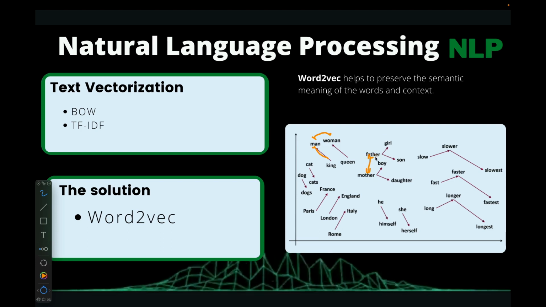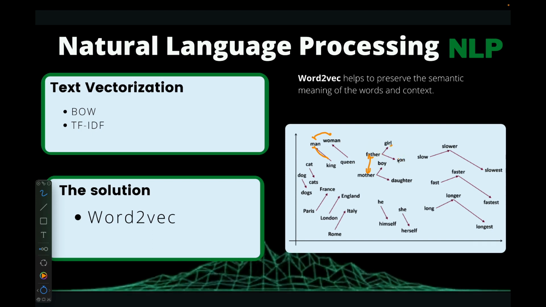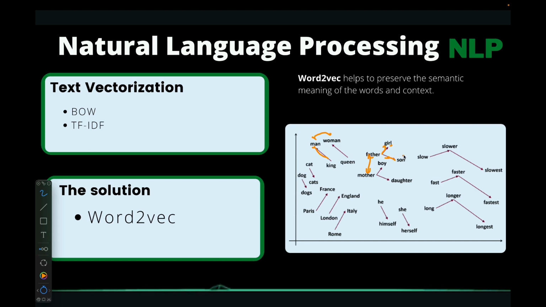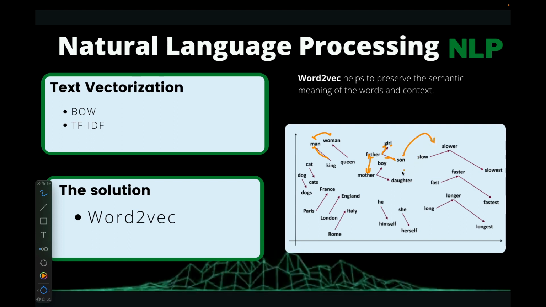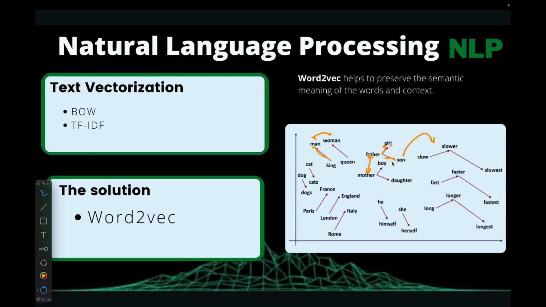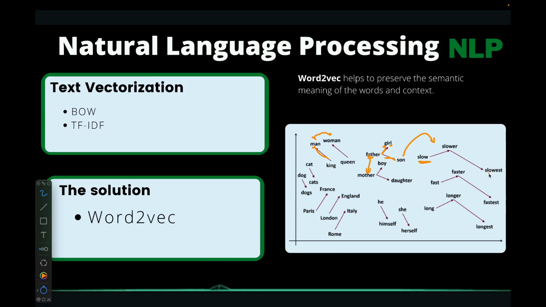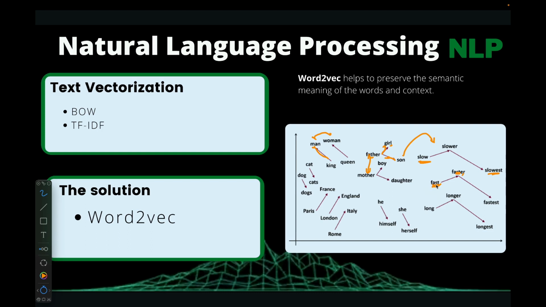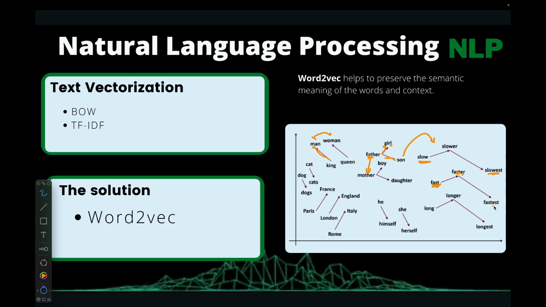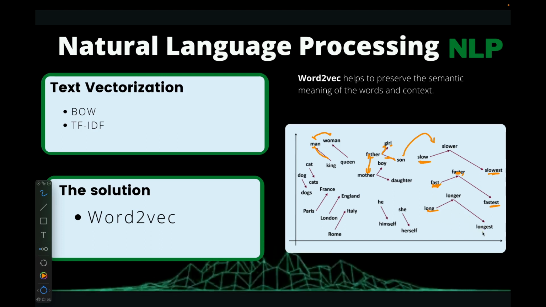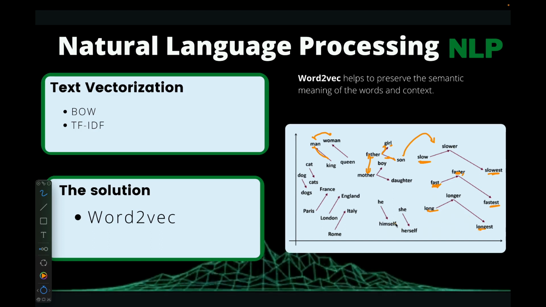Since father can give birth to girl and son, they will be much closer to that, instead of maybe son being closer to, say, slower. It doesn't actually make that sense. Slower will be much closer to slow and then slowest. Faster will be much closer to fast and then fastest. Long will be closer to long and then longest.